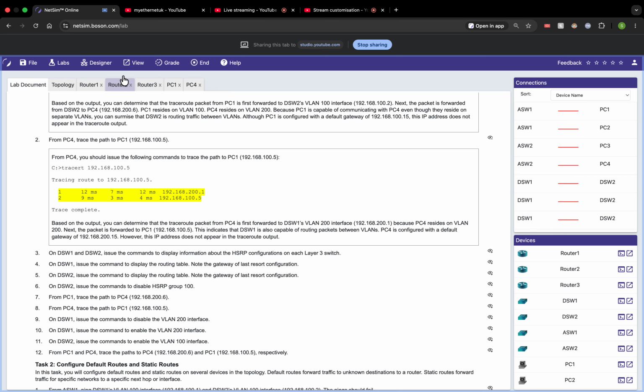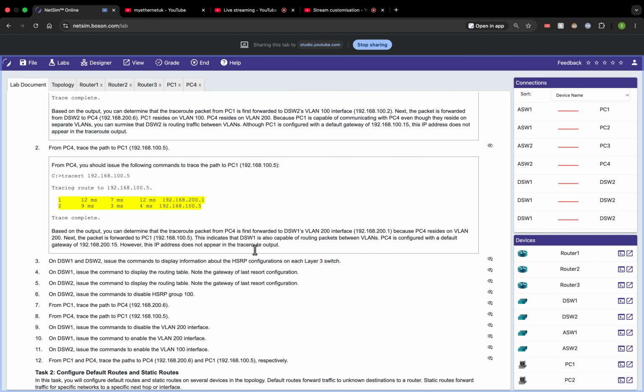So to review the HSRP configuration, which command would we use to view HSRP configuration details? I'm just double checking myself.